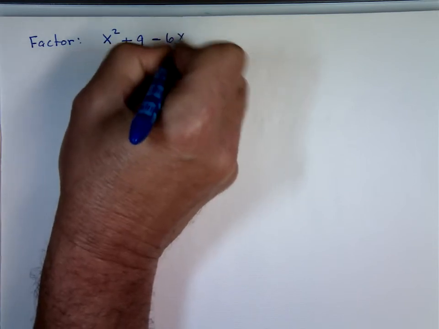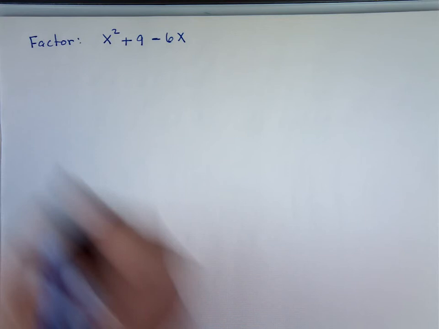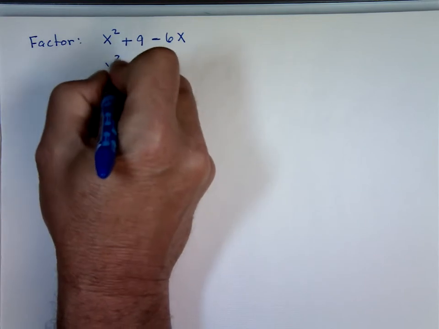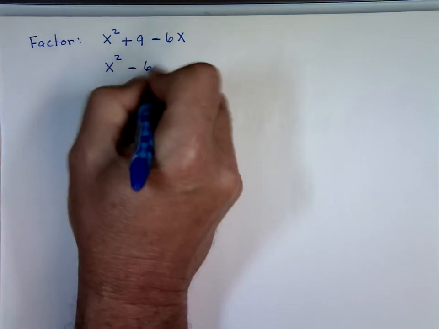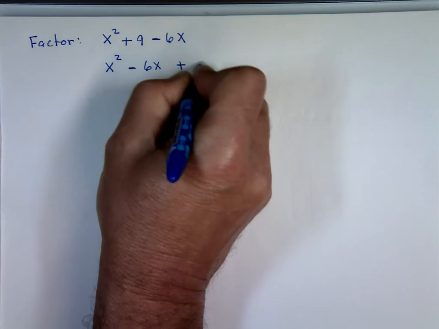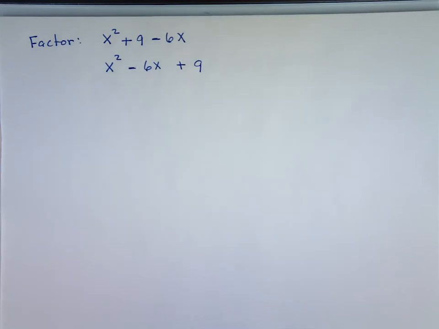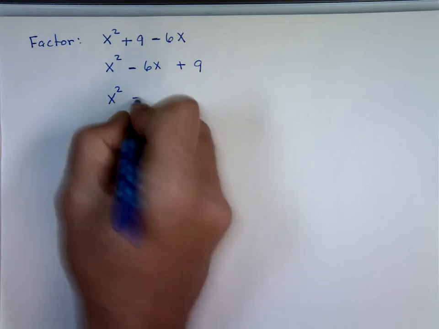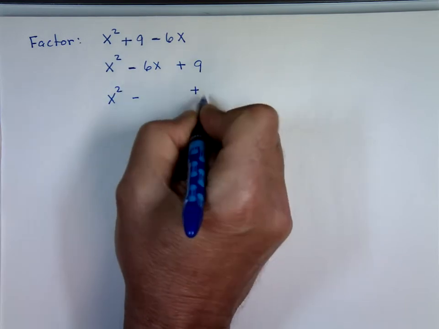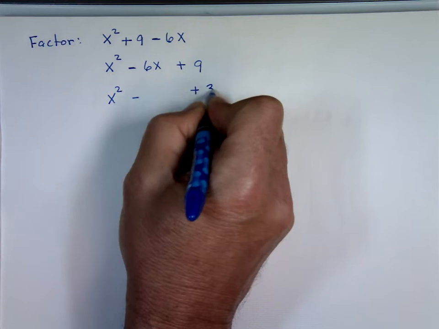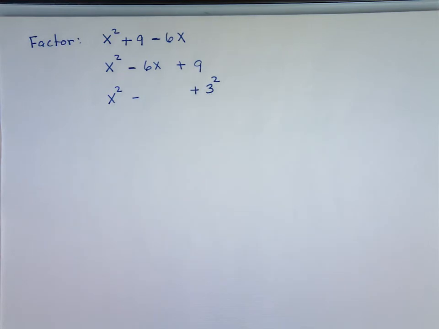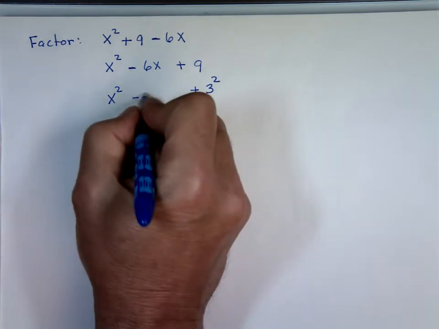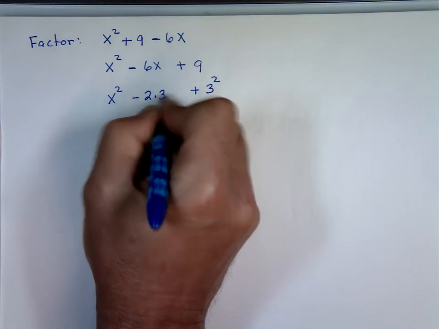Again, I like to rewrite them in descending power. x squared minus 6x plus the 9. This is x squared. The 9 is actually 3 squared. The 6 can be written as 2 times 3 times x.